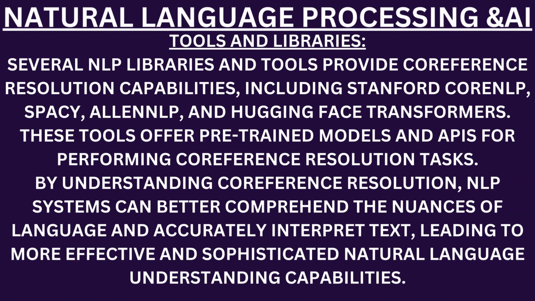Tools and libraries. Several natural language processing libraries and tools provide co-reference resolution capabilities, including Stanford CoreNLP, spaCy, AllenNLP, and Hugging Face Transformers. These tools offer pre-trained models and APIs for performing co-reference resolution tasks.